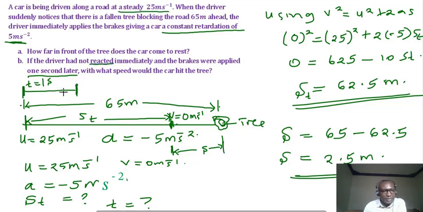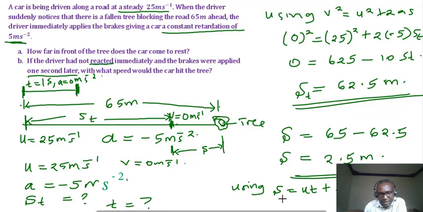Now, since it was a steady speed, that means the acceleration here is 0, not until after 1 second, when he realized that there is a tree which has fallen ahead. That's when he started applying brakes and changing the speed. So here, acceleration is equal to 0 meters per second squared. So using s, the displacement, equal to ut plus half at squared, acceleration is 0 in that gap.